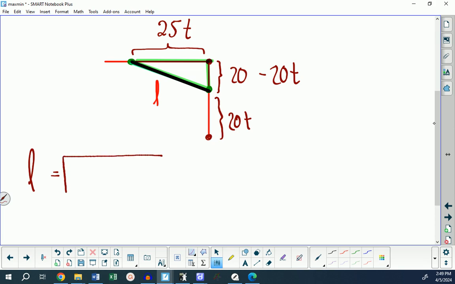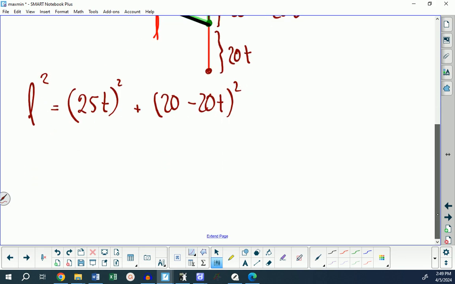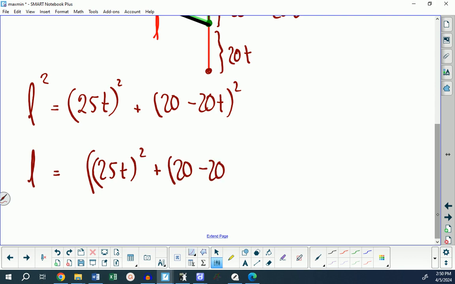L squared equals 25t squared plus 20 minus 20t squared. That's the Pythagorean theorem, yes? Okay. I'm just trying to decide whether I want to show something to you or not, and I guess I will. All right, so that means L is equal to the quantity 25t squared plus 20 minus 20t squared, to the 1/2. And this is what we need to differentiate.